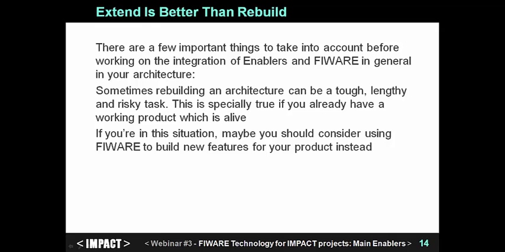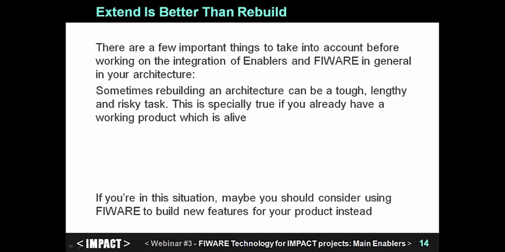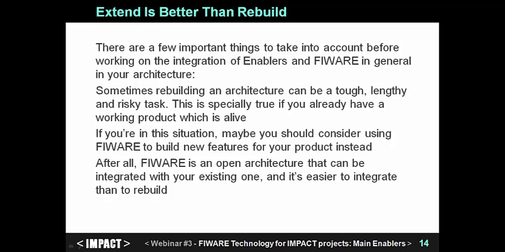So you would use FIWARE to develop this new feature and to get it ahead in the roadmap. After all, FIWARE is an open architecture, and as such, it can be integrated with your own architecture, the one you already have. So it's going to be much easier to integrate than to rebuild. So that's my first advice for you.